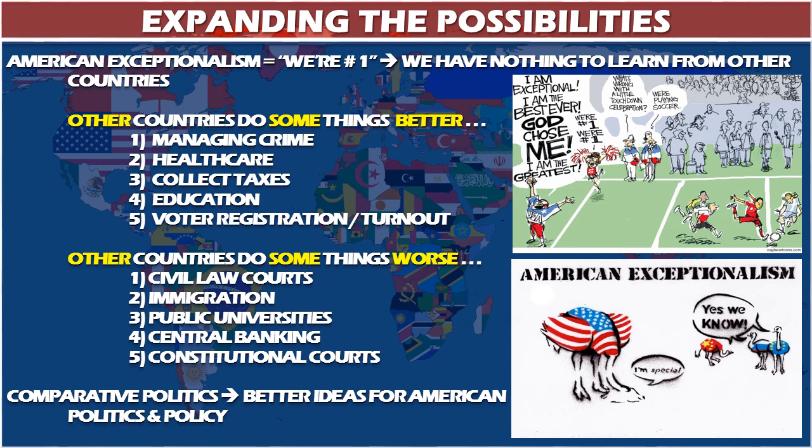And just as a simple list, if you had to compare the world, we don't do a very good job on crime, whether it's incarceration policy, discrimination in crime, or just frankly the levels of violent crime in our country. Our healthcare system is expensive and arguably very inefficient.